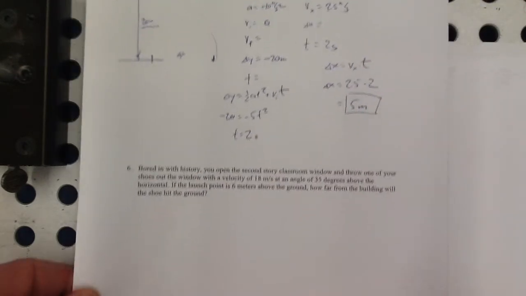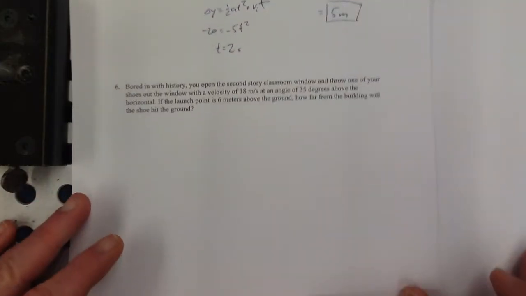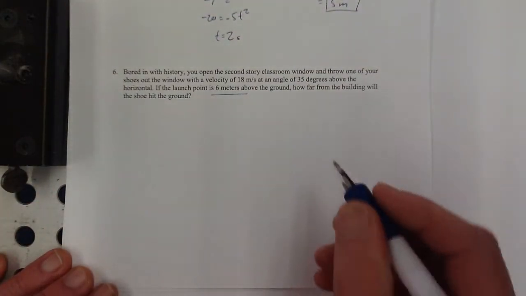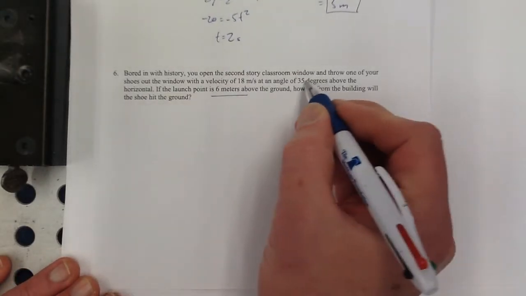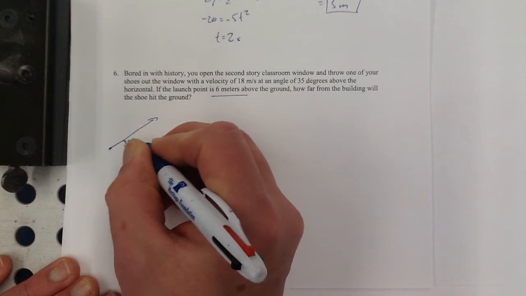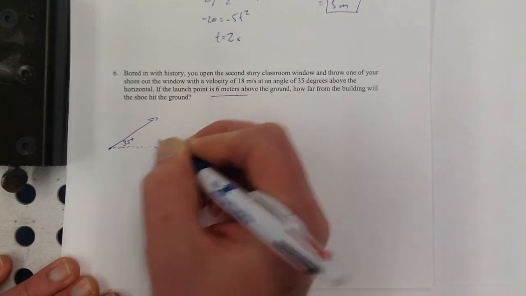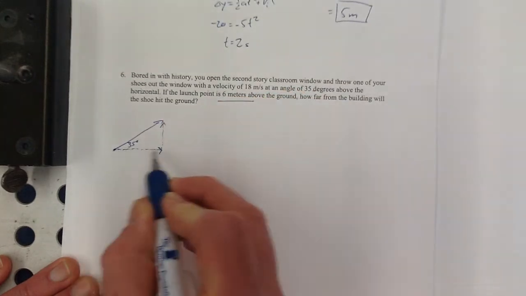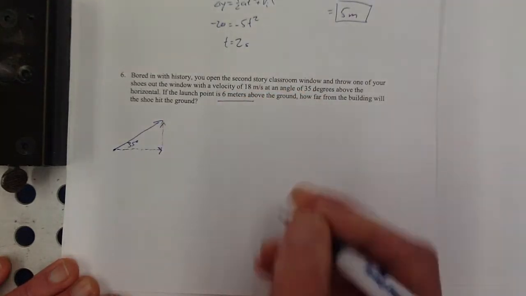And finally, we got our launch angle with not ground to ground. So let's see, 35 degrees. I'm going to have to break that into the component parts. That's going to be my Vx, that's going to be my Vi.